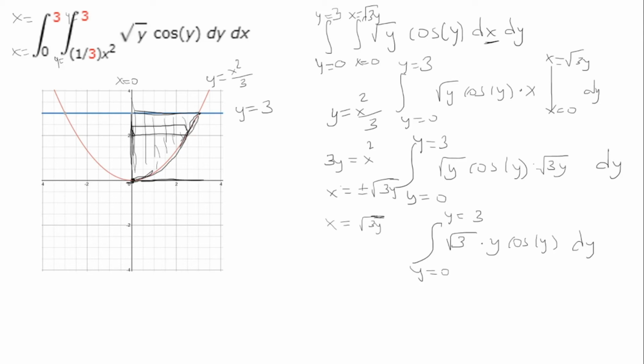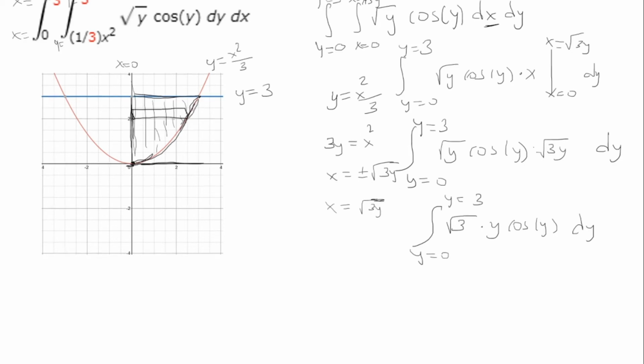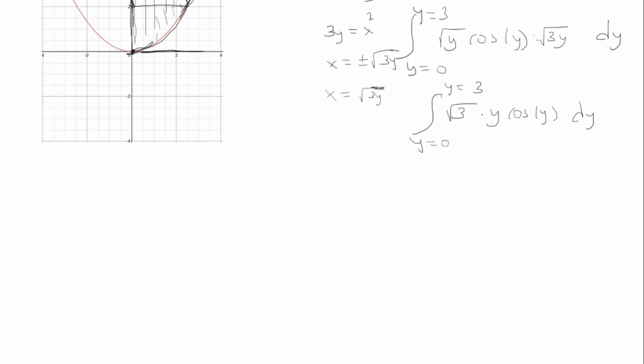The next thing is we can factor out the square root of 3 because that's just a constant. So we have square root of 3 times the integral from y equals 0 to y equals 3 of y times cosine y dy.